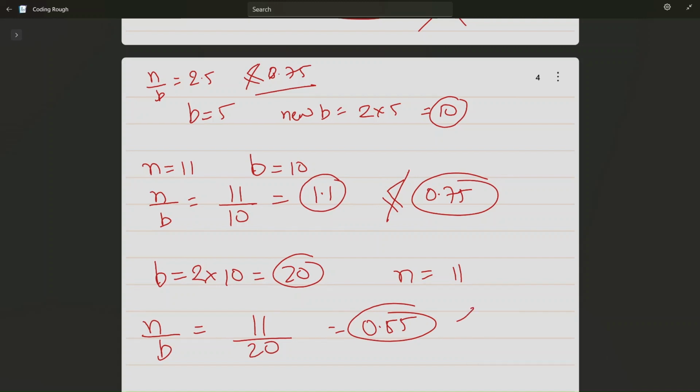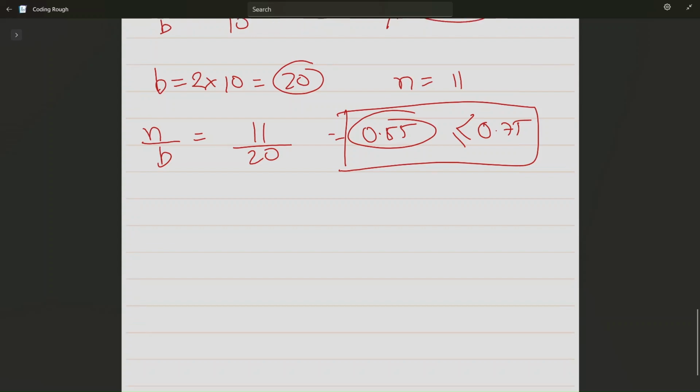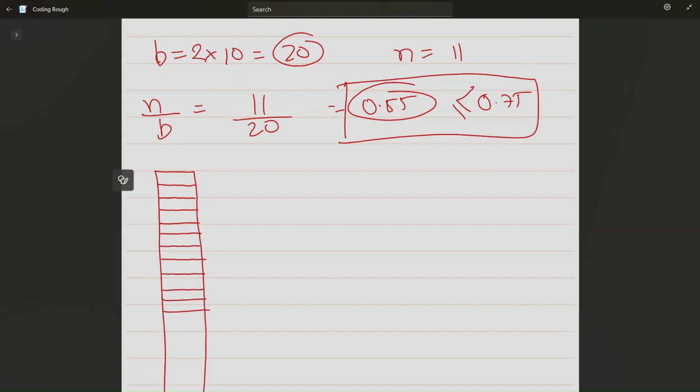Here we have calculated the load factor. So now b should be 20, and n is 11. Now our new data will look something like this. Let's do it: 1, 2, 3, 4, 5, 6, 7, 8, 9, 10, 11, 12, 13, 14, 15, 16, 17, 18, 19, and 20.